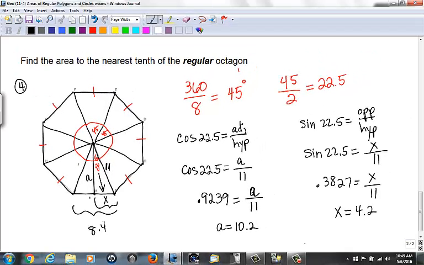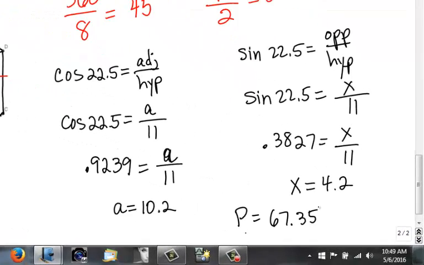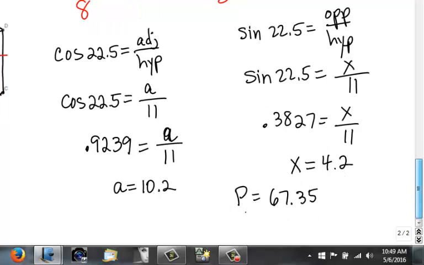Then you've got 8 sides because it's an octagon. So now we need to take the 8.4 times 8. The perimeter then is about 67.35. Store that as alpha P. Then you're back to the formula, area equals 1/2 the perimeter times the apothem.